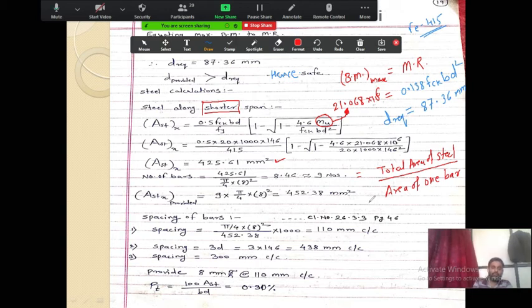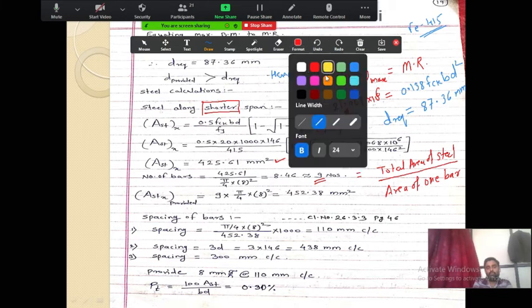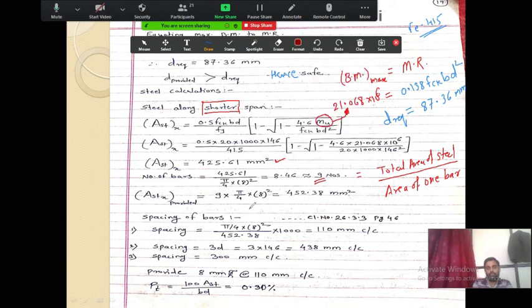Round this value to 9. So we got 9 bars. Ast provided is 452. How to calculate the Ast provided? It is 9 into pi by 4 into 8 square. In this way it is calculated.